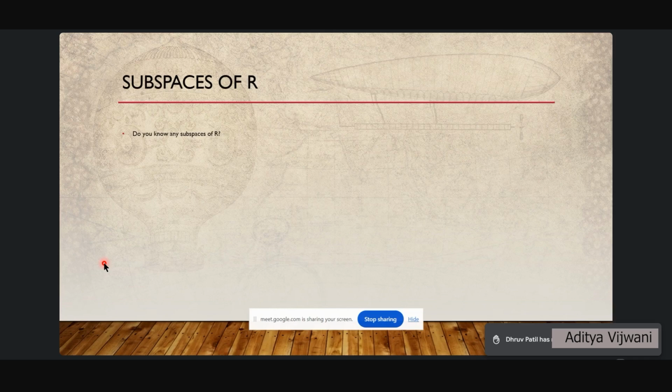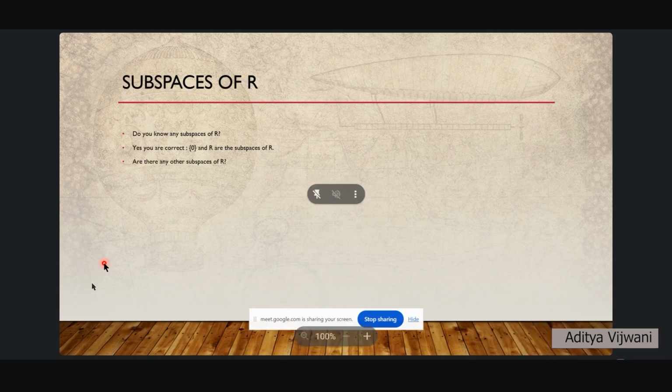Yeah, so the zero vector is a subspace, and R is also a subspace of R, like the whole of the real line. So are there any other subspaces of R other than the zero vector and R? Yeah, so there are no other subspaces other than 0 and R.